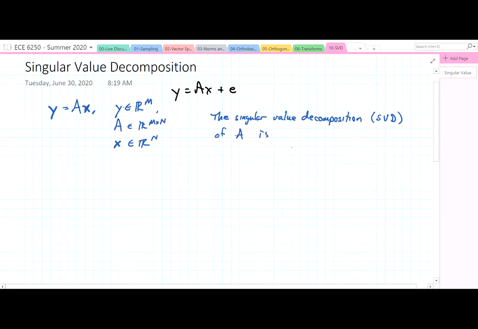The singular value decomposition of A is given by A equal to U sigma V transpose.